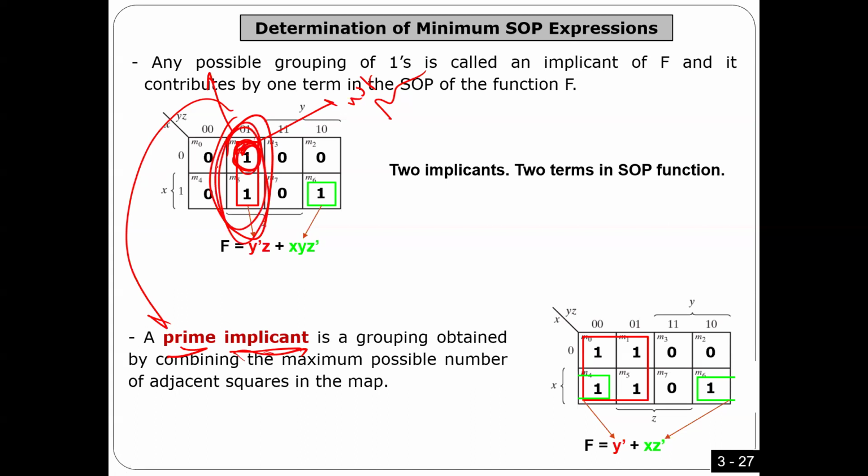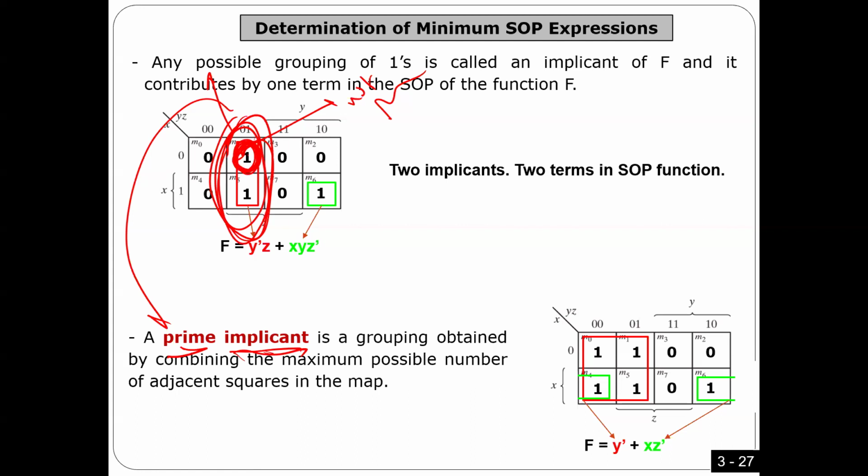In this specific example, this is prime, but if I take this one here, this is not prime. That means any simplified function should have all its groups be prime groups. If you have only one that's not prime, your function 100% is not the most simplified.